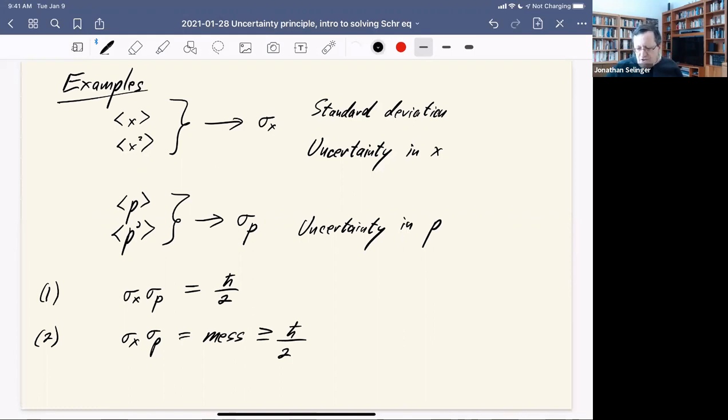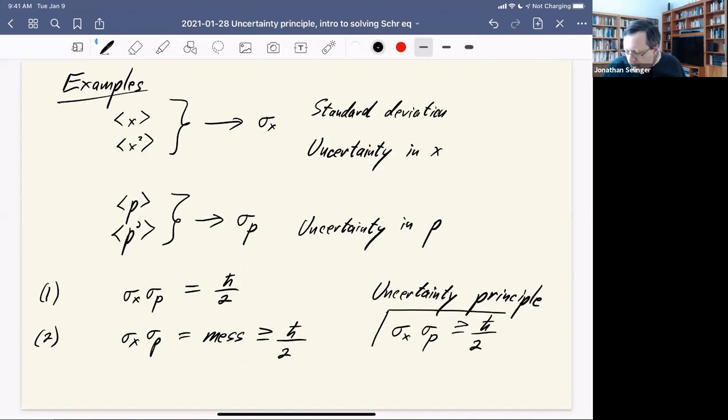So, these two cases are examples of what we say in general as the uncertainty principle in quantum mechanics. That is that the uncertainty in x times the uncertainty in momentum is greater than or equal to this quantity h bar over 2.